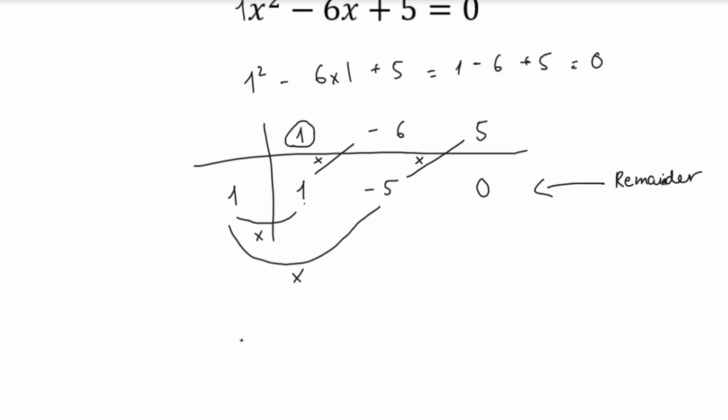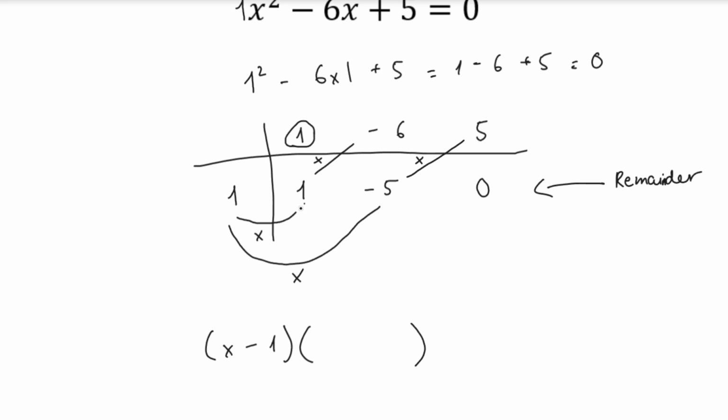You know that 1 is a solution of this equation, so of course x - 1 is a factor. And what is the second factor?